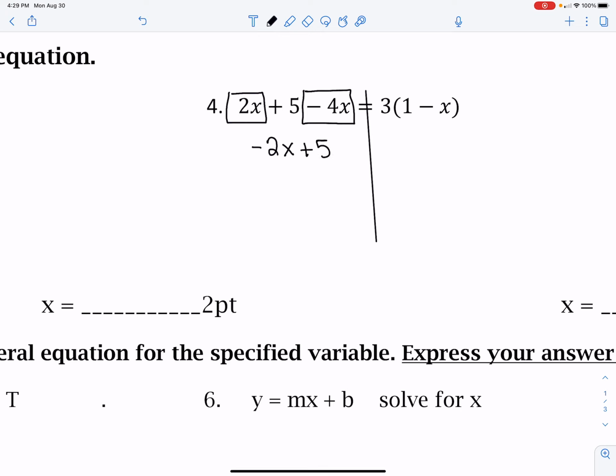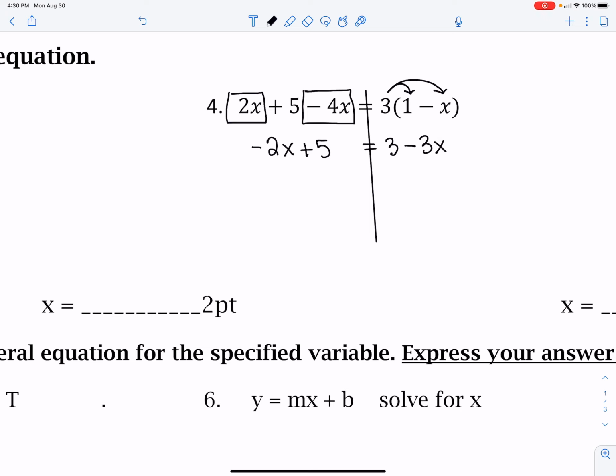On the right side, I can simplify by doing distribution. So 3 times 1 is 3, and 3 times negative x is negative 3x. Now that we've simplified, we want to get all our x's to one side.